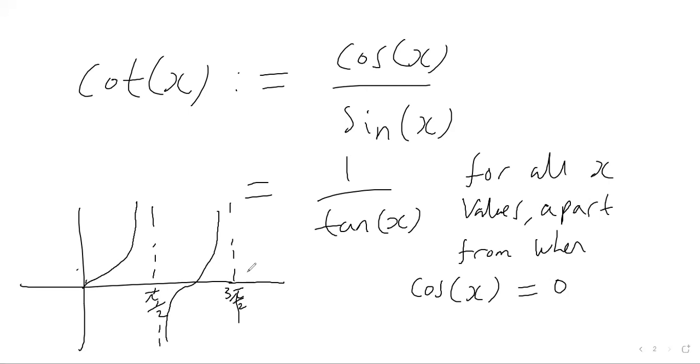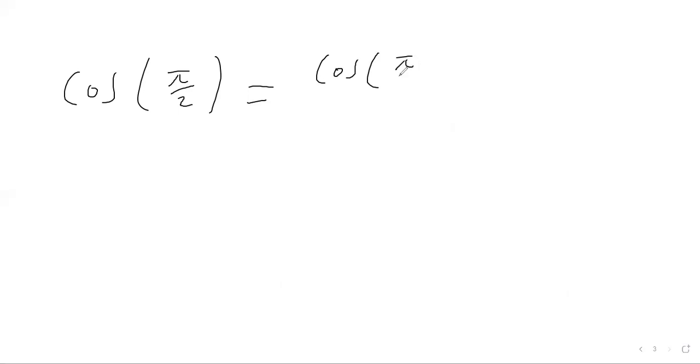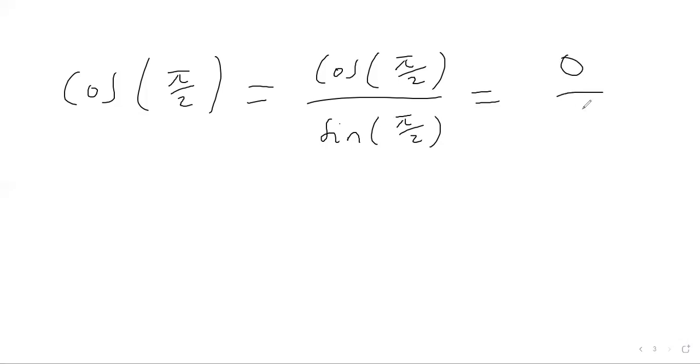However, cot of x actually is defined there. So if we go to a new page and consider cot of pi over 2, well, cot of pi over 2 is the same as cos of pi over 2 divided by sine of pi over 2. We know cos of pi over 2 is 0, and sine of pi over 2 is just 1.